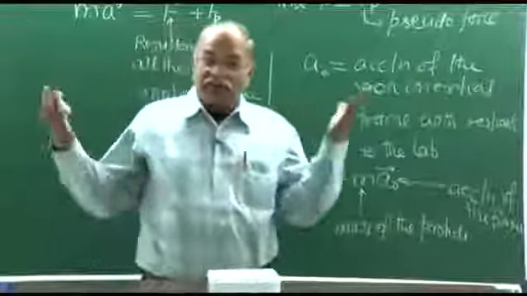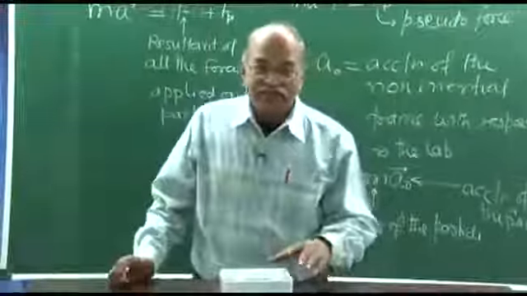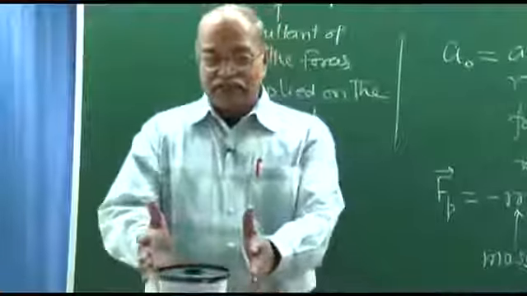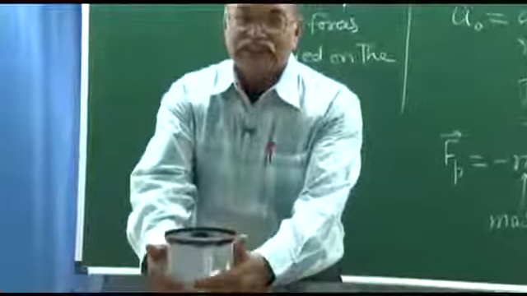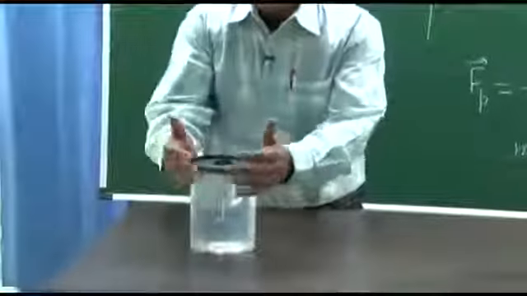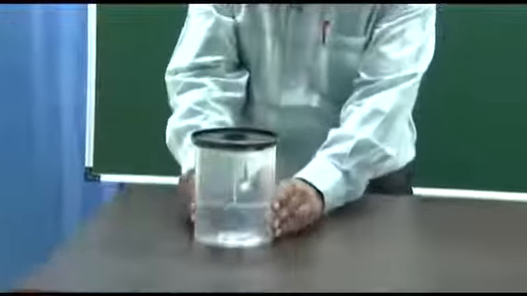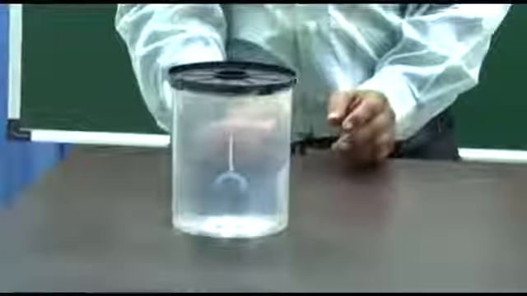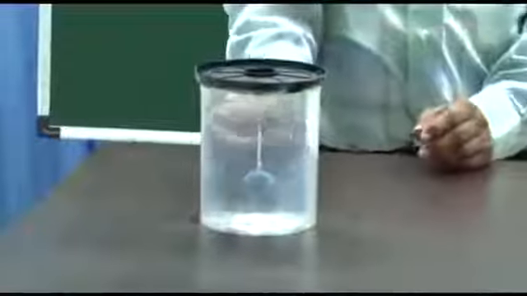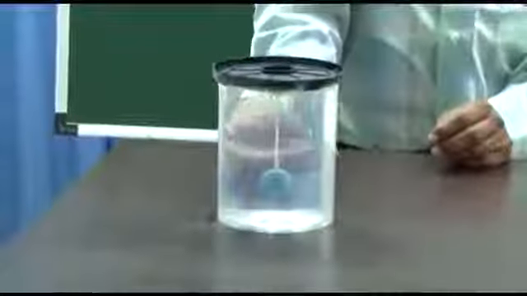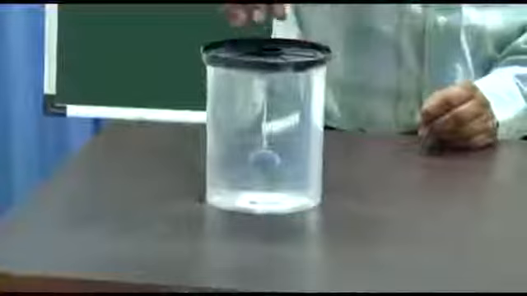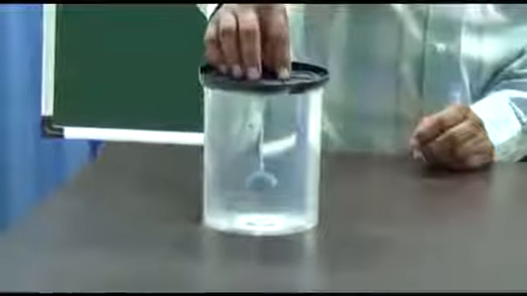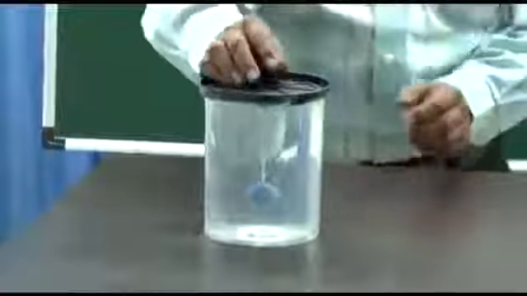We will do some more experiments to see this effect. It is the same idea. Here you have water in this vessel, and in the water we have put a ball which is heavier than water, its density is more, and it is suspended with the help of this thread, one end of which is fixed on this lid.